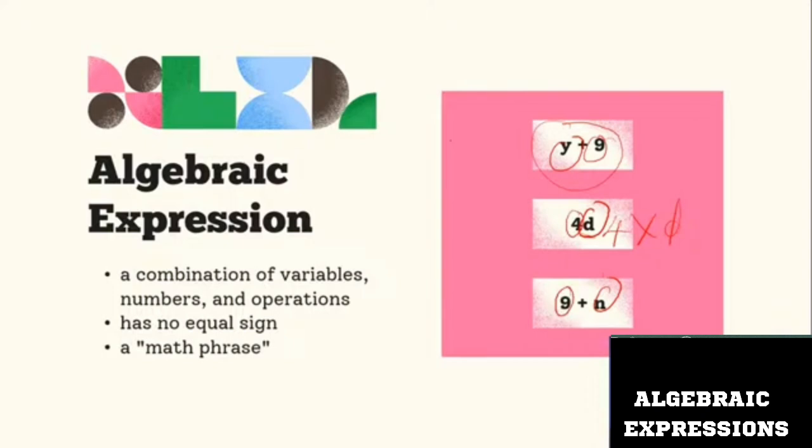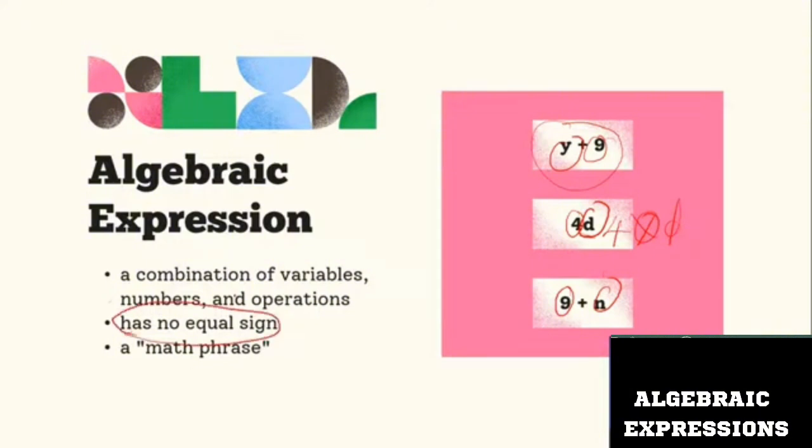And then we have the operations. In this case, we have a plus and a division sign, and here there's an implied multiplication sign. Okay. Take note that when we're looking at algebraic expressions, we do not have an equal sign.